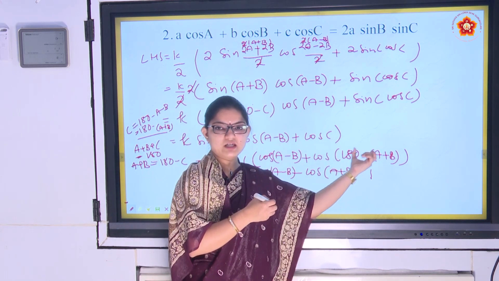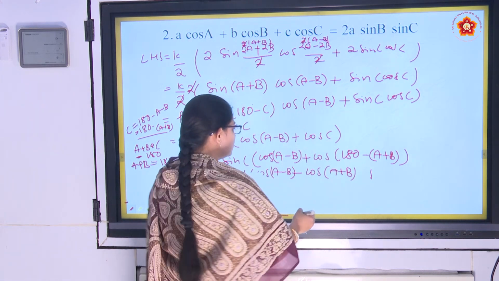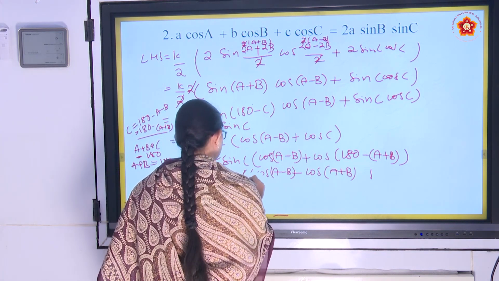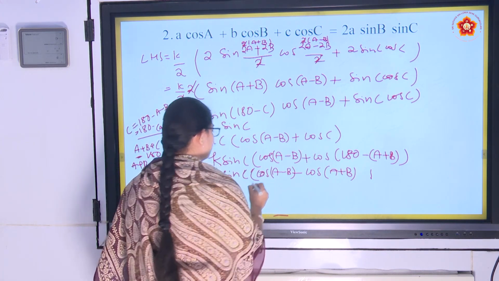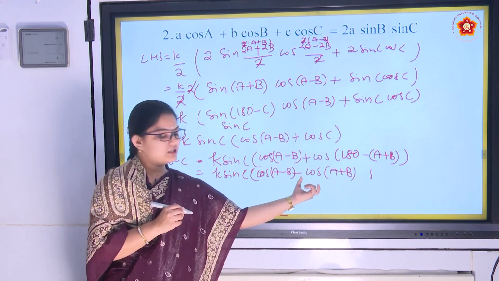Because cos 180 minus A plus B is minus cos A plus B. So we have here K sin C into cos A minus B minus cos A plus B.